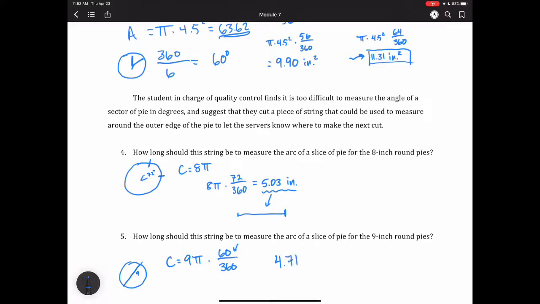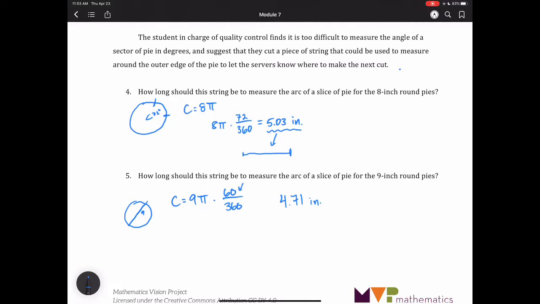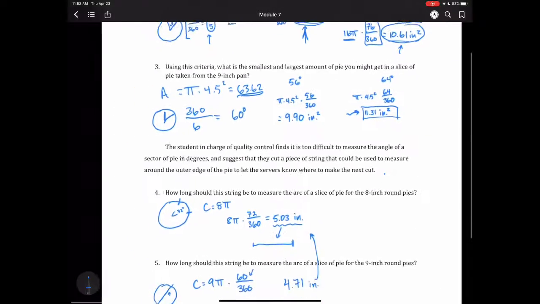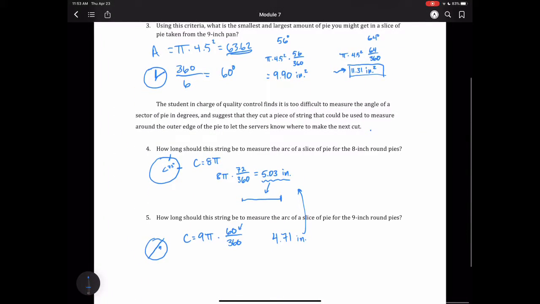Okay, so the string that we'll use for this larger pie is actually going to be 4.71 inches, which, when you think about it, that slice is thinner than the slice above of the 8-inch pie. But notice that the area is greater because of the radius and because of the increase in the diameter, right?